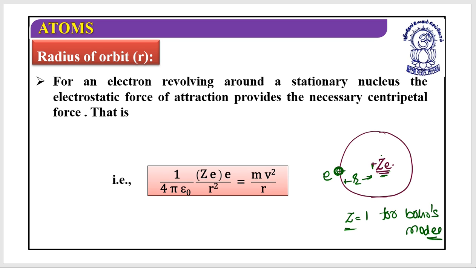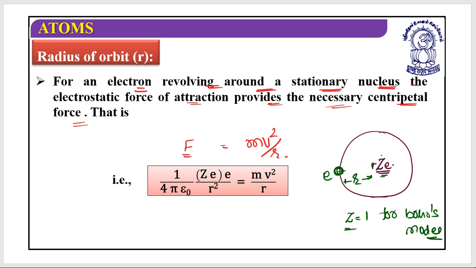So he said that, let's begin with the radius of the Bohr orbit, for an electron revolving around a stationary nucleus. The electrostatic force of attraction provides the necessary centripetal force, which could be given as F electrostatic equals mv square divided by r.